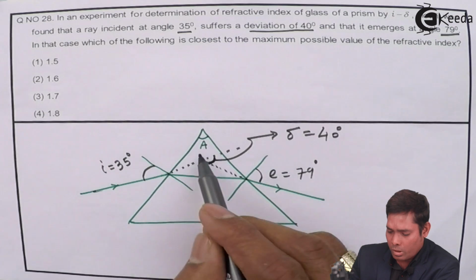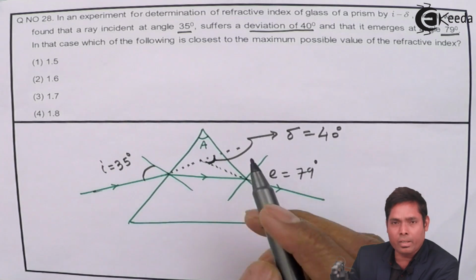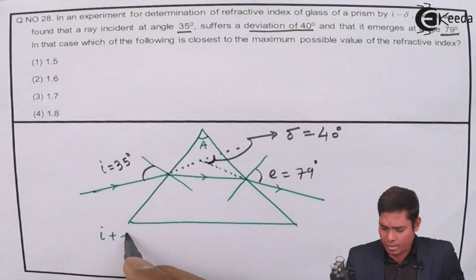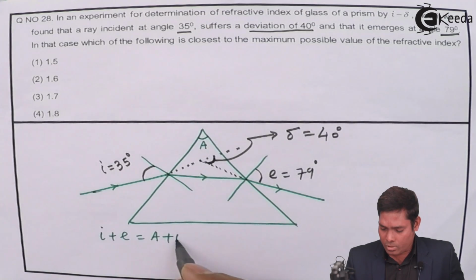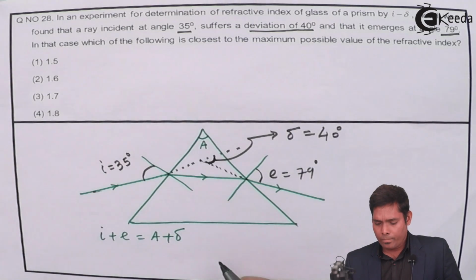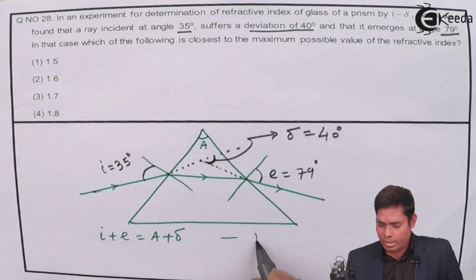All these four quantities have their relations. I plus E is A plus delta. This is the relation that we have for a prism.